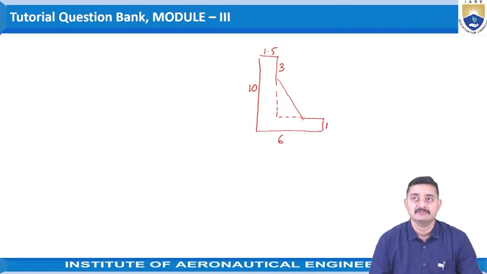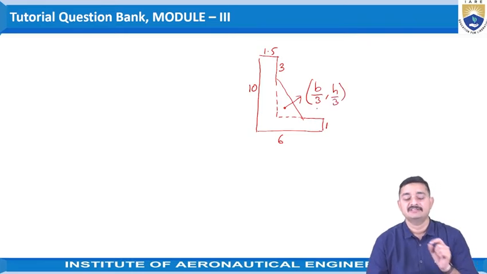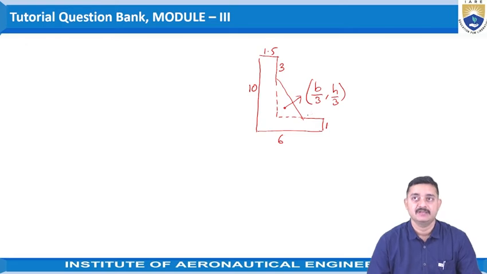From this, we need to identify the centroid of this triangle. We already know that the centroid of any triangle is taken as the coordinates base by 3 and height by 3, that is, base of the triangle by 3 and height of the triangle by 3. What is the distance of this base and height we can represent?